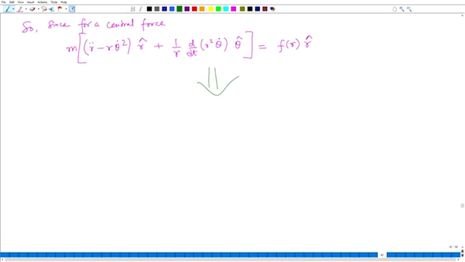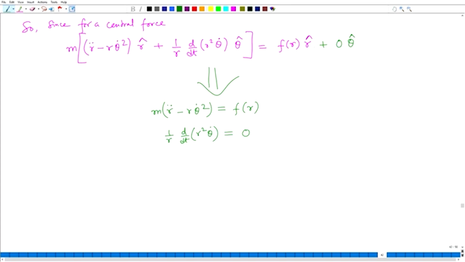One is m r double dot minus r theta dot square is equal to F r. The second one is 1 by r d/dt of r square theta dot is equal to 0, because in the direction of theta cap there is 0.